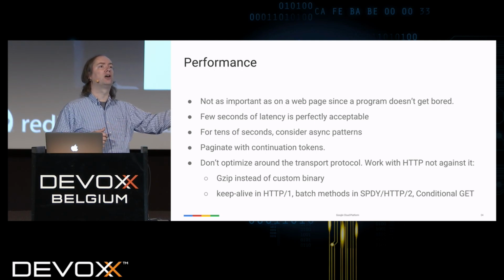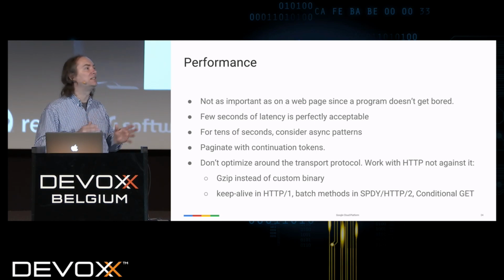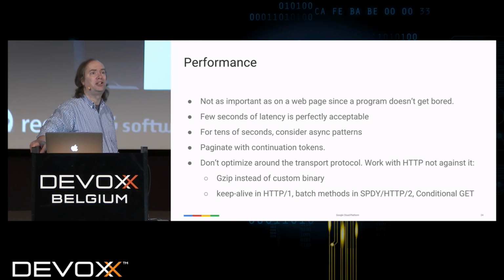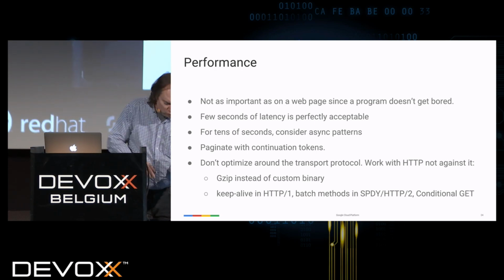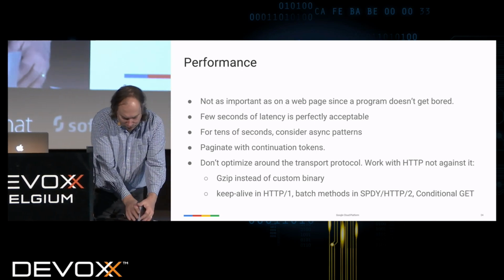If you have good server libraries for implementing your API, if you have good client libraries for handling HTTP, this comes almost for free. You may not even need to think about it. Again, it depends a little bit on the library, especially for the newer, fancier stuff like batch methods in HTTP2. But mostly it's a question of reading the documentation and making sure you're using the right libraries there. And then life is really nice and simple.